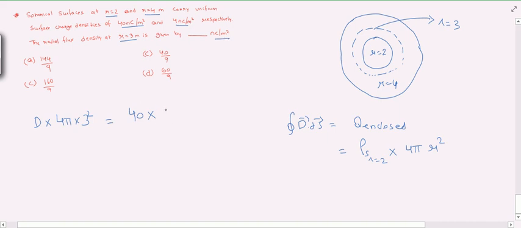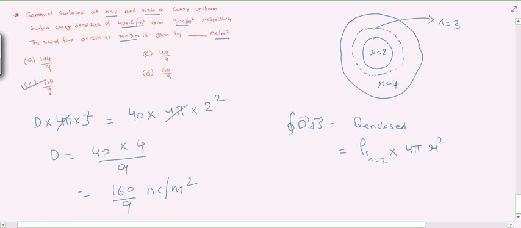So 40 into the surface area, which is 4 pi into the radius of this surface, 2 square. So D equals 40, the 4 pi and 4 pi get cancelled. Here 2 square becomes 4, here 3 square becomes 9, and it goes down. If you solve this, it comes as 160 by 9 nanocoulomb per meter square.